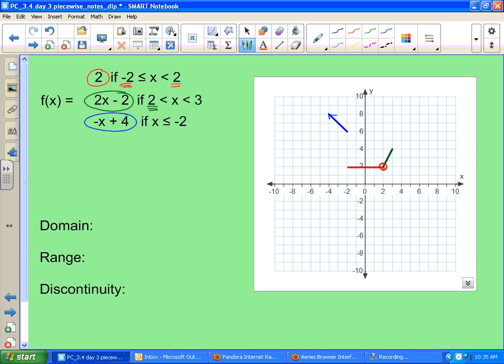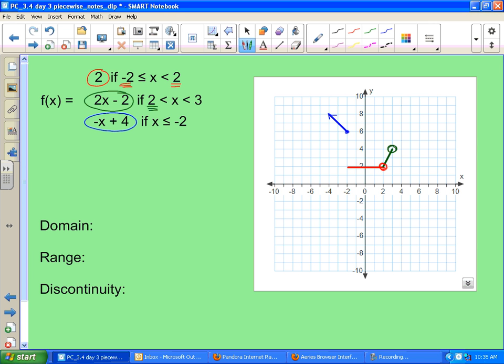And then I've got an open circle on the 3 part of the green graph. And then it looks like I have a closed circle at -2.